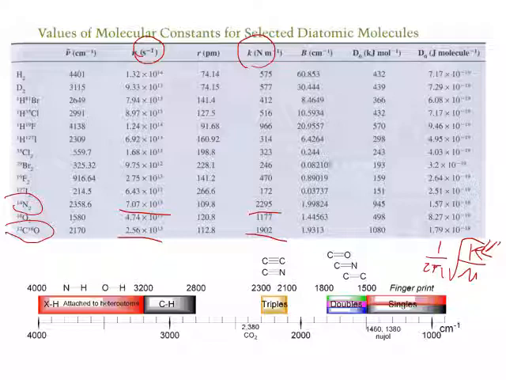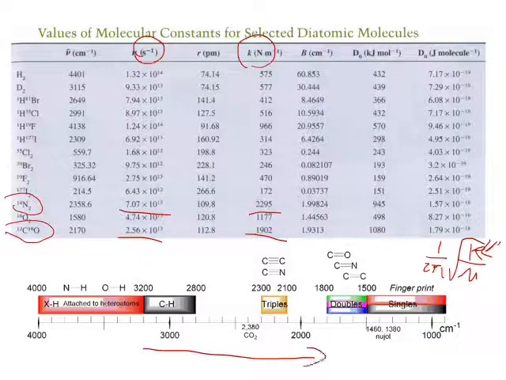In this infrared range, the carbon-carbon triple bond and nitrogen triple bond are in the range of 2,100 to 2,300 inverse centimeter.